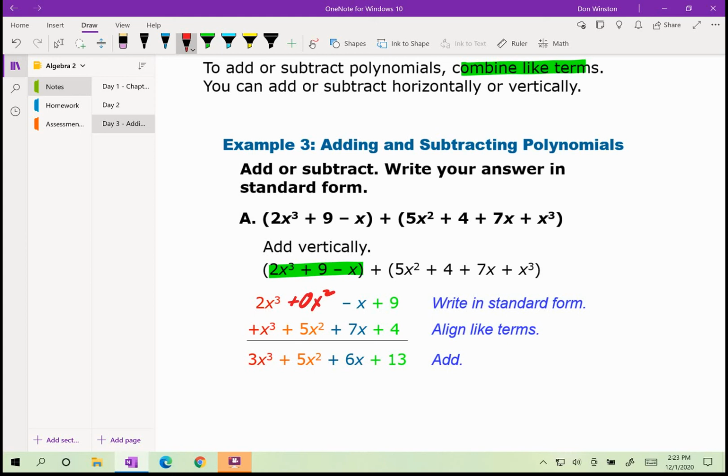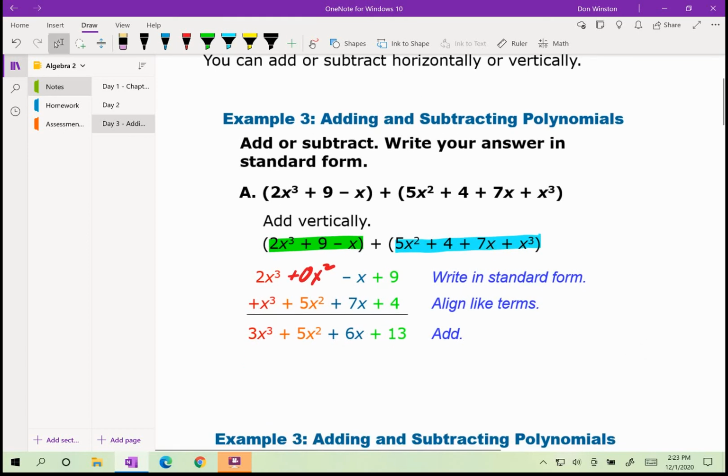The other polynomial I have here is 5x squared plus 4 plus 7x plus x cubed, and again I'll write that in standard form. So I have x cubed plus 5x squared plus 7x plus 4. And then we just add. 2x cubed plus x cubed is 3x cubed, 0x squared plus 5x squared is 5x squared, negative x plus 7x is 6x, and 4 plus 9 is 13.